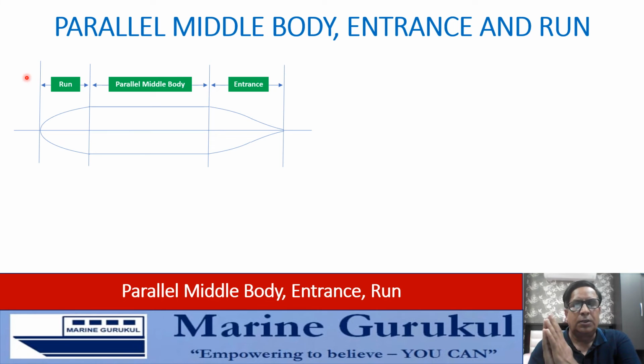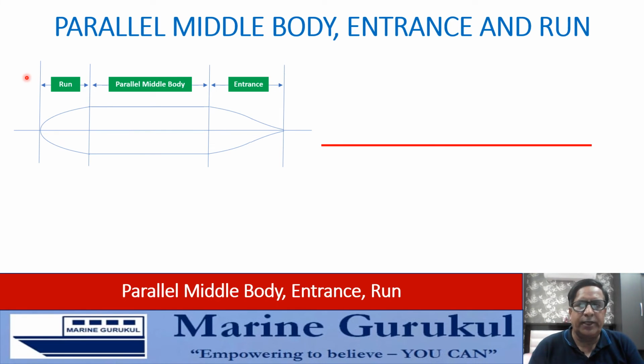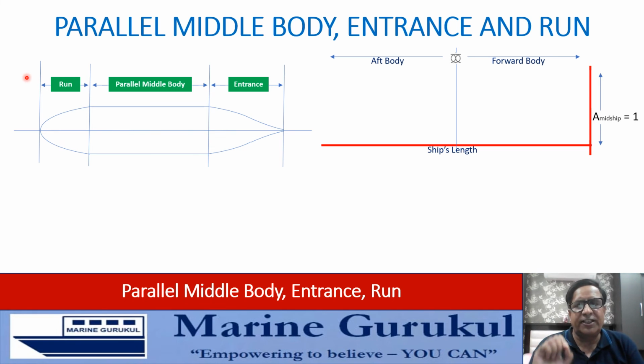The same thing can be represented in another diagram, which is a graph of the cross-sectional areas of the ship drawn at different stations along its length. For this, we have on the x-axis the length of the ship, the middle part of the line representing the midships. On one side we have the forward end, on the other side the after end, and we have the y-axis on which we have the cross-sectional areas, and these are in units of fraction of the cross-sectional area in the parallel middle body or midships.